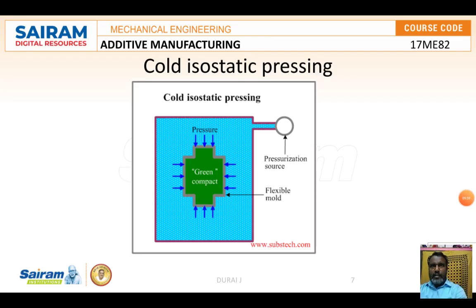In the cold isostatic pressing method, the powder material is contained in a tightly sealed, flexible mold and subjected to uniform pressure. It is applied simultaneously from all sides, thereby achieving uniform density and strength.